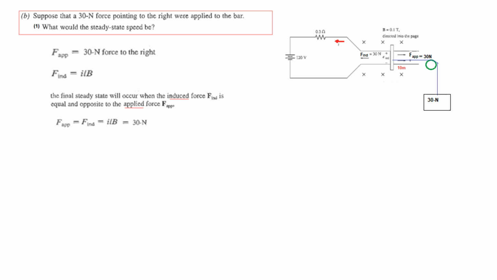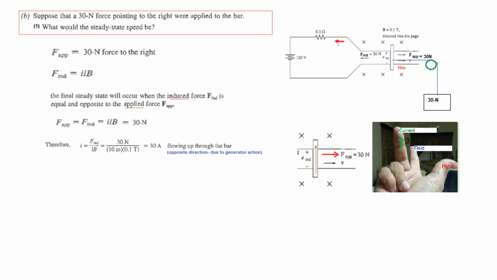So we can say that F induced has to be equal to F applied, which is equal to ILB, which is equal to 30 newtons. And therefore, we can find the current at steady state, F induced over LB. So plugging in the values, it is 30 amperes, and the current is flowing up through the bar.